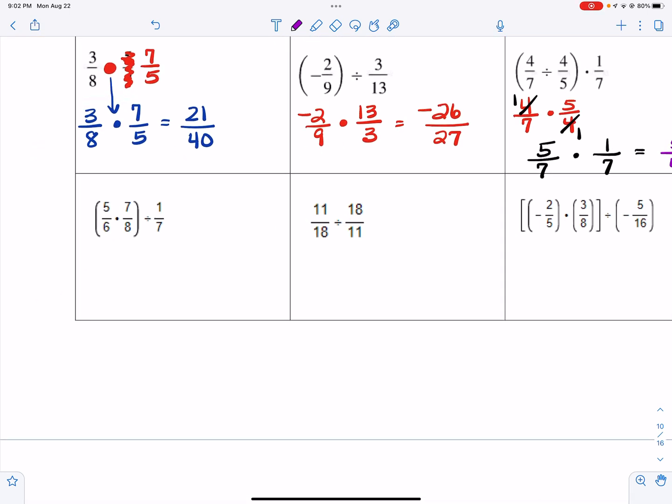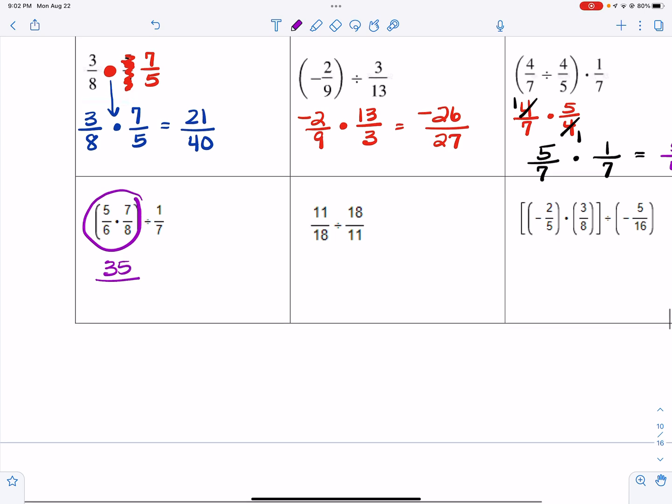So now we have, again, another set of parentheses. This one is multiplication, so there's nothing to change. I'm going to look and see I can't do anything on the diagonals. So 5 times 7 is 35. 6 times 8 is 48. That's my first fraction. I change the division to multiplication, and I flip the second fraction over.